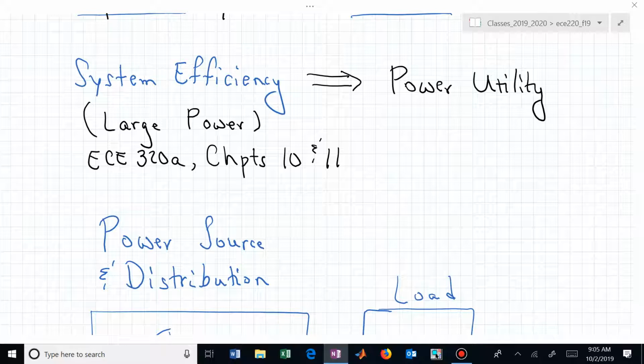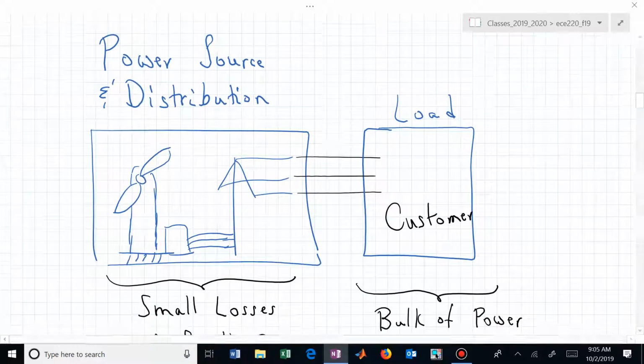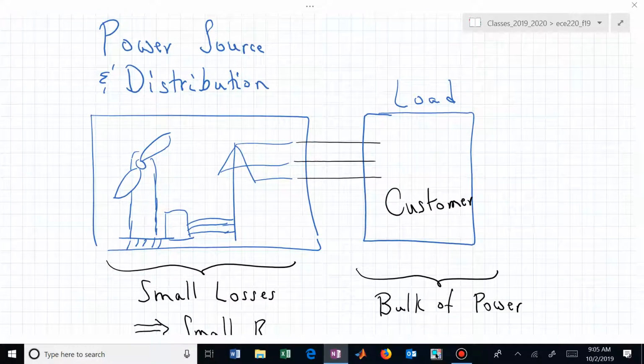How do we make sure that the customer or the end product receives power as efficiently as possible? Again, I'm challenging myself with the graphics here, but hopefully you can understand what's going on. We have the power source and distribution, which that's supposed to be a windmill.